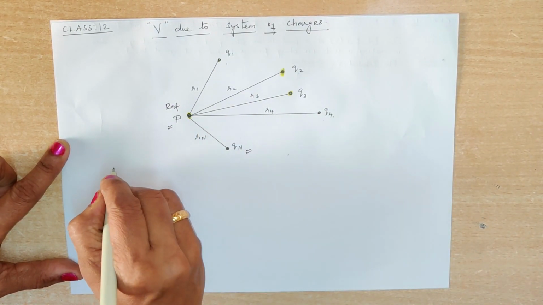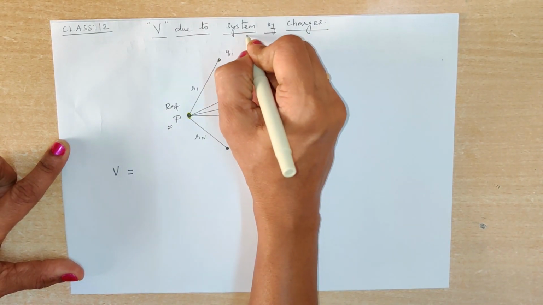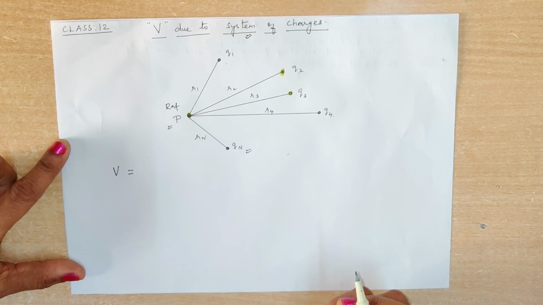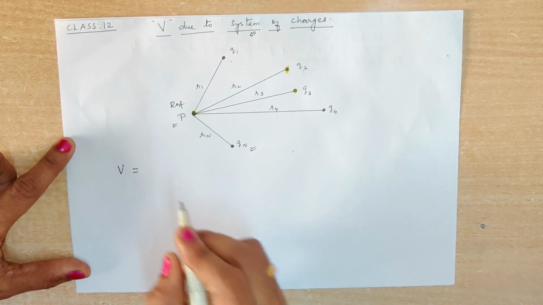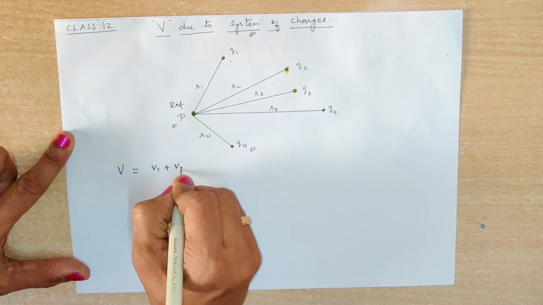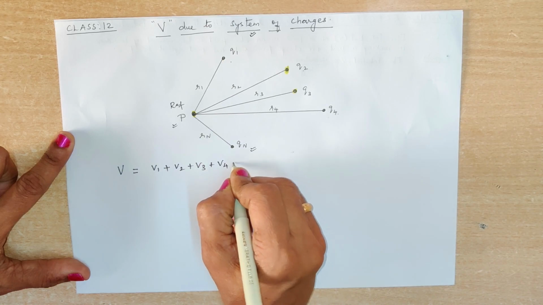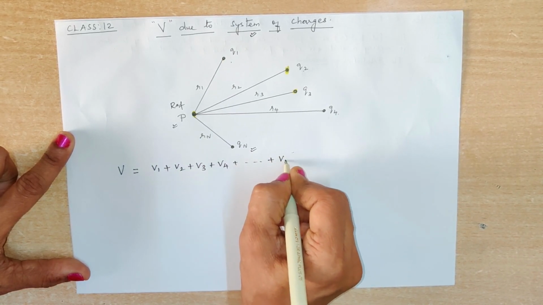So definitely we can write the formula, the total potential of the system, please remember, a system having more than one charge. Therefore, we can write V is equal to V1 plus V2 plus V3 plus V4, because 4 we have shown, and till Vn.